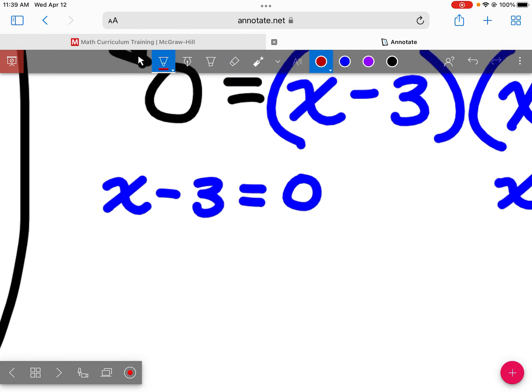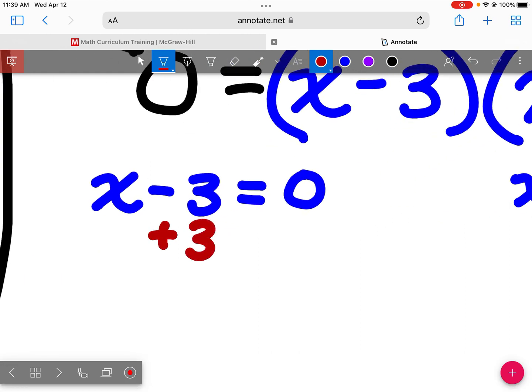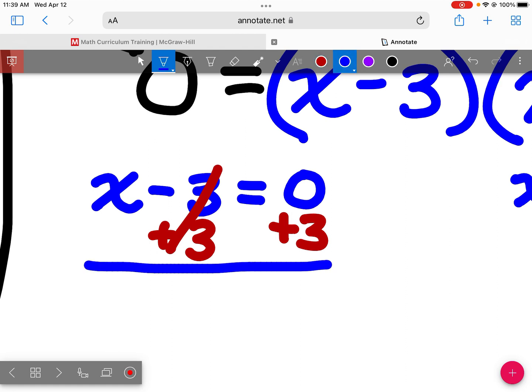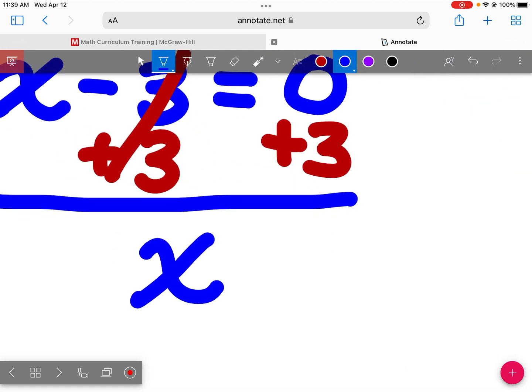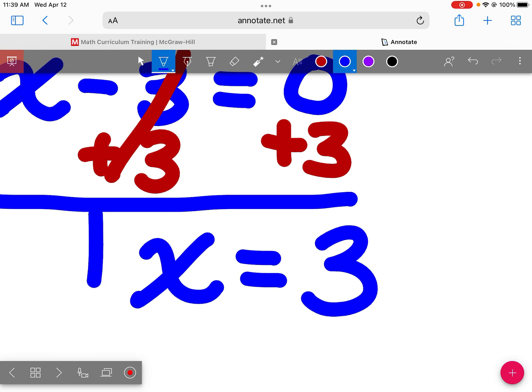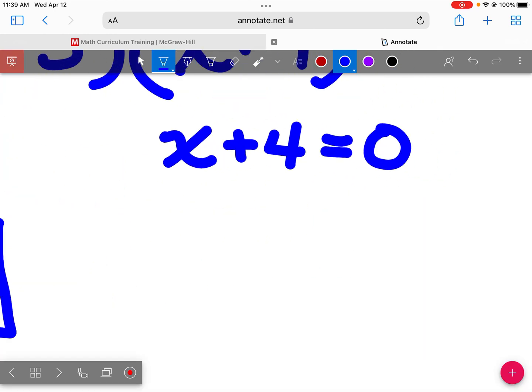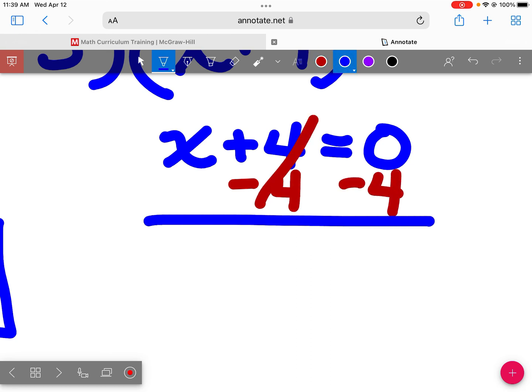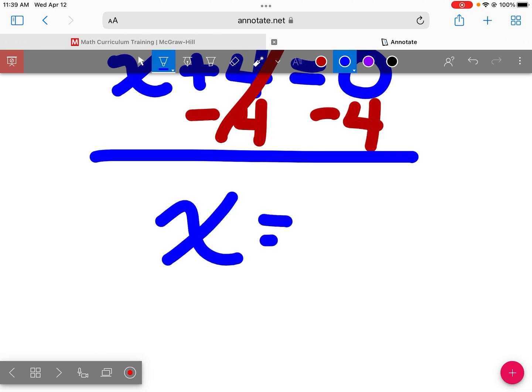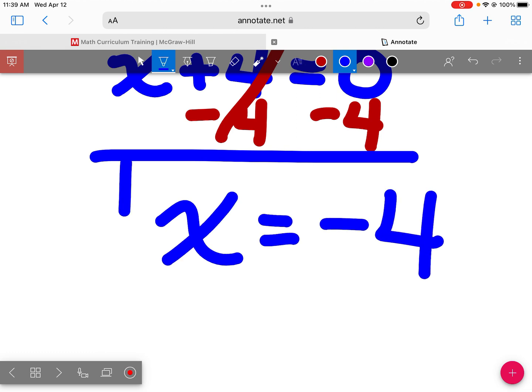Add 3 to both sides. So I have x equals 3. What do I do over here to x plus 4 equals 0 if I want the x all by itself? Subtract 4 from both sides. And so I get x equals what? X equals -4.